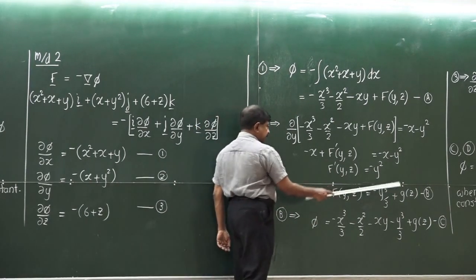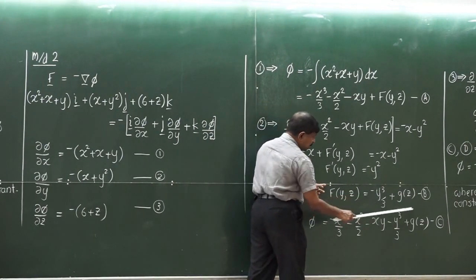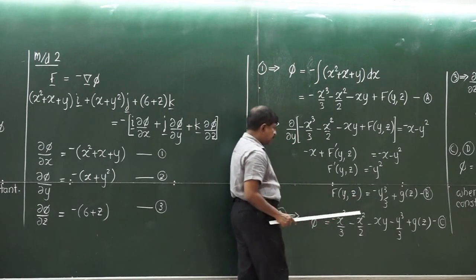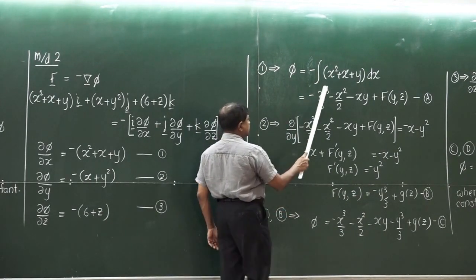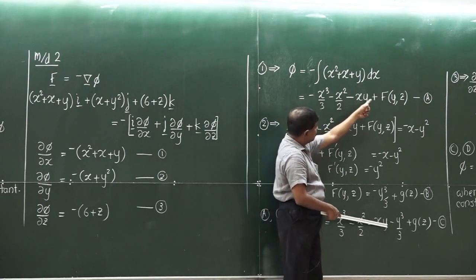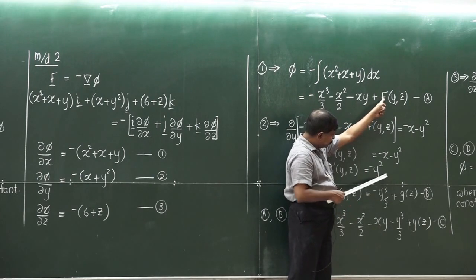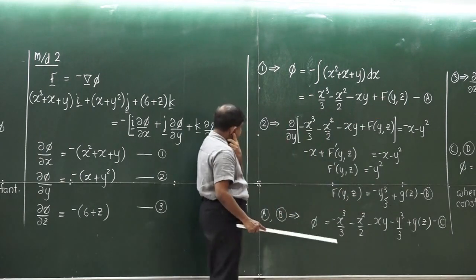Let that be g(z). Now, F(y, z) has this form. Now, update this one. You have this part in phi, right. Now, instead of capital F, you use this one from this point onwards.